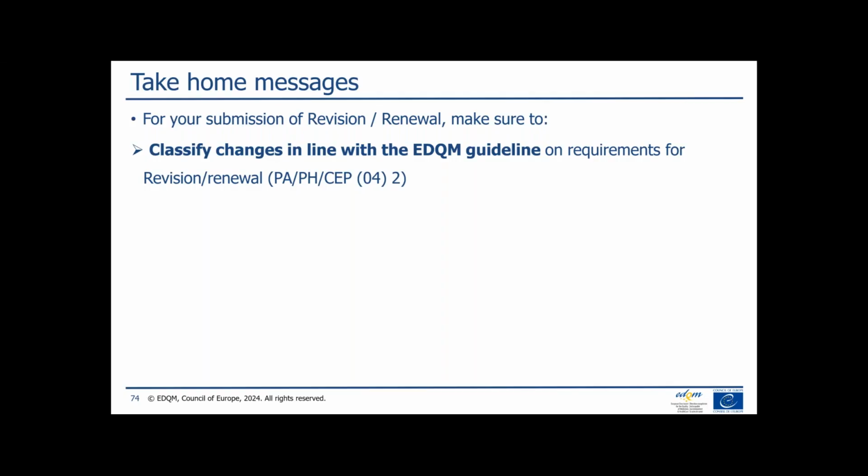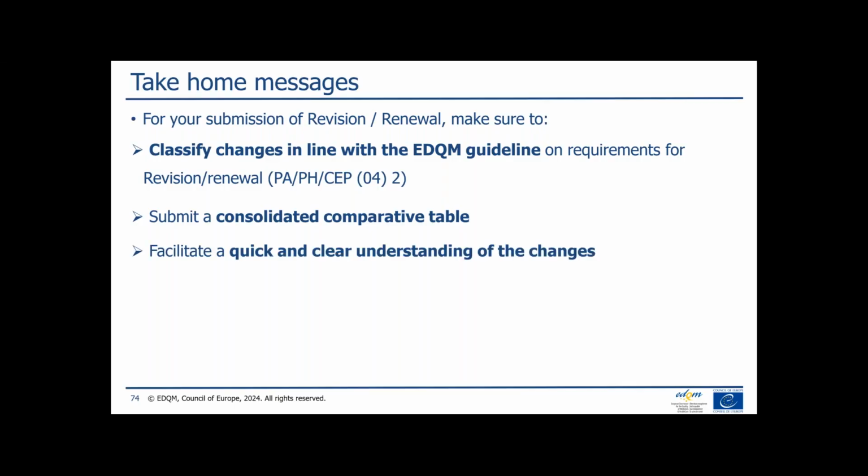Please make sure that it is very important to classify changes in line with our guideline for revisions, because if the changes are not appropriately classified, EDQM might reject the request for revision. Please provide to EDQM a nicely organized, consolidated, comparative table which clearly describes the changes introduced in the process, because this is a key point to the evaluation of your requests.